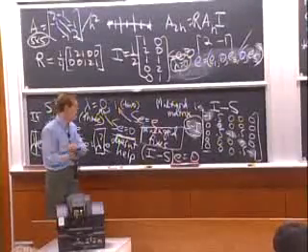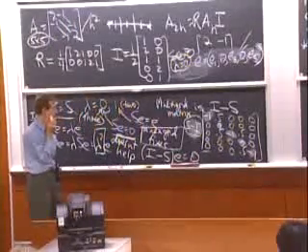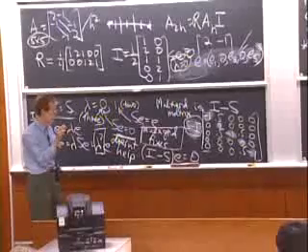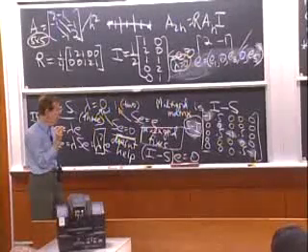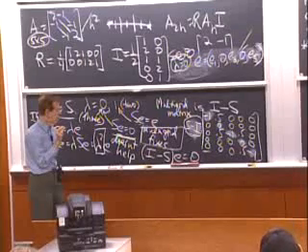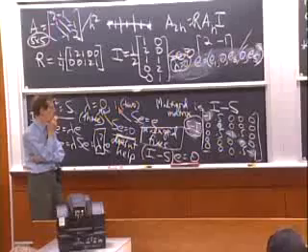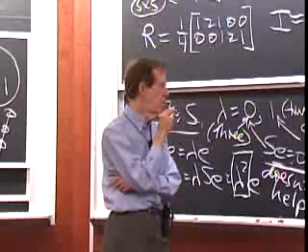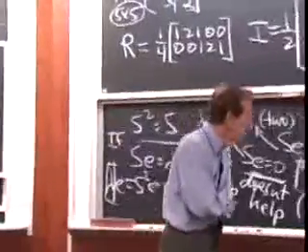Okay. Am I going to find it? I don't know. Do you see immediately what? That has a two-dimensional null space. There are two vectors. And can you see what they are?